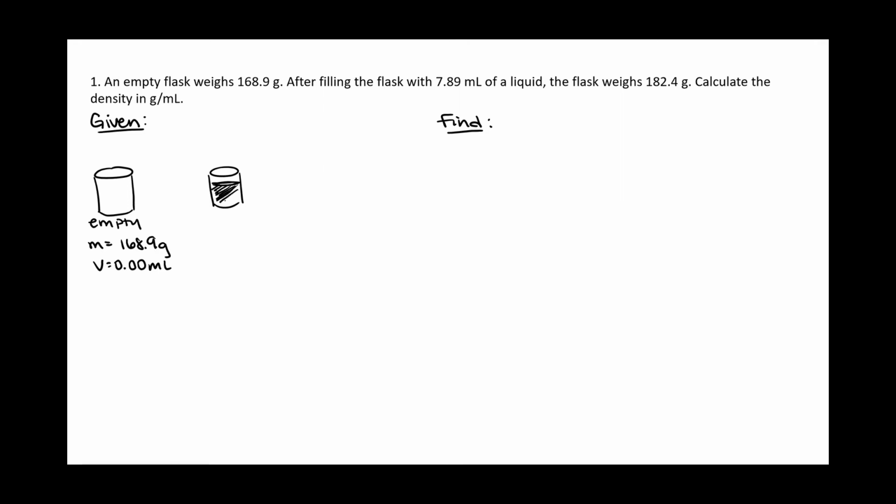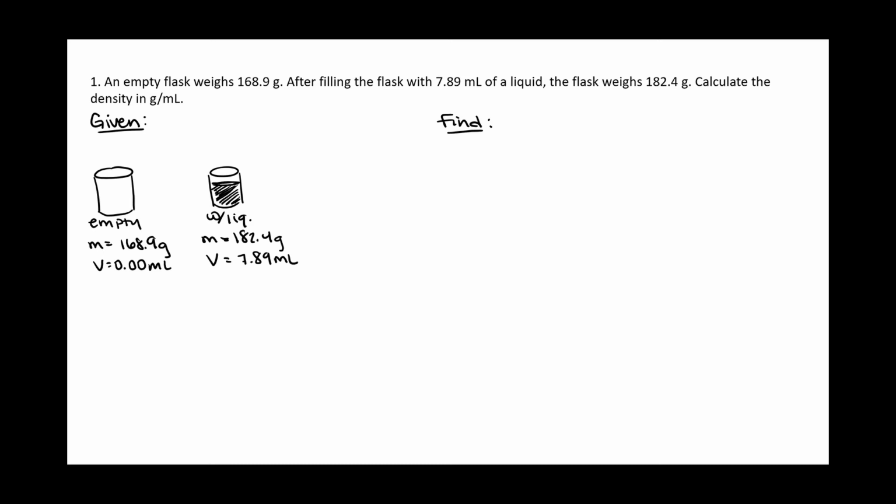So I'm just going to draw a liquid in there. This will be with the liquid. The mass of that, we're told, weighs 182.4 grams, and the volume of liquid that's been added is 7.89 milliliters.